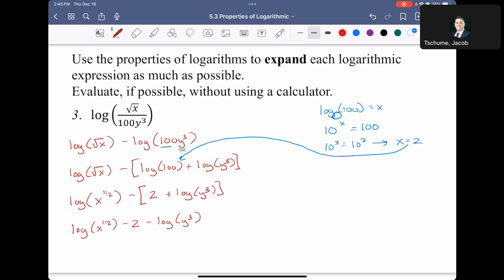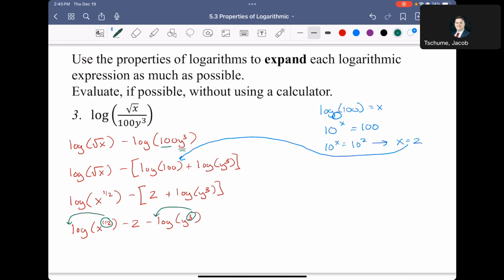From the rule that we don't use very often, the other thing we don't like to have with our logarithms is exponents. So anytime you end the problem and you've got exponents inside of your logarithm, you want to get rid of those. And you can do that by bringing the value to the front of the logarithm.